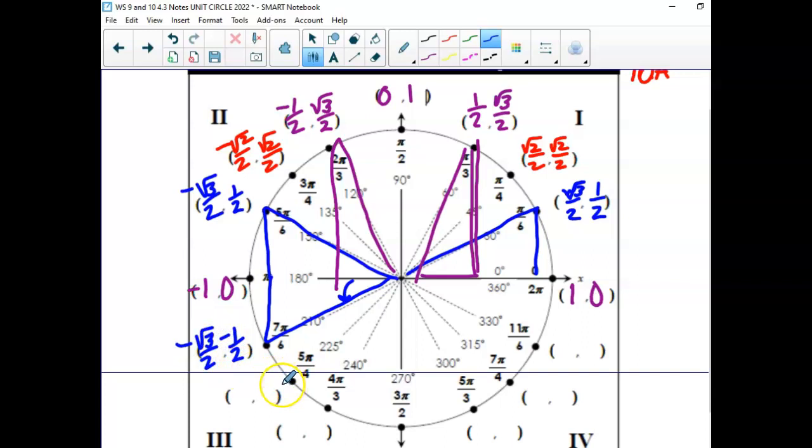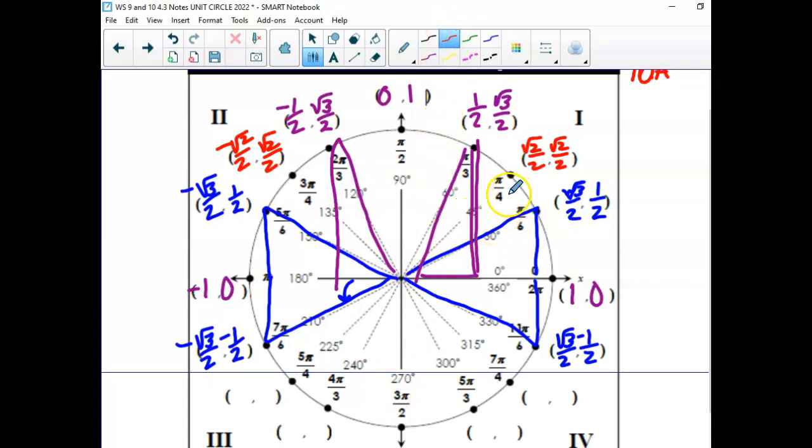Where's the other 30? The other one that folds over and matches up is over here at 11 pi over 6. So it is also a square root of 3 over 2 and a 1/2, but I went right and down to get to that spot. Is this helping anybody?